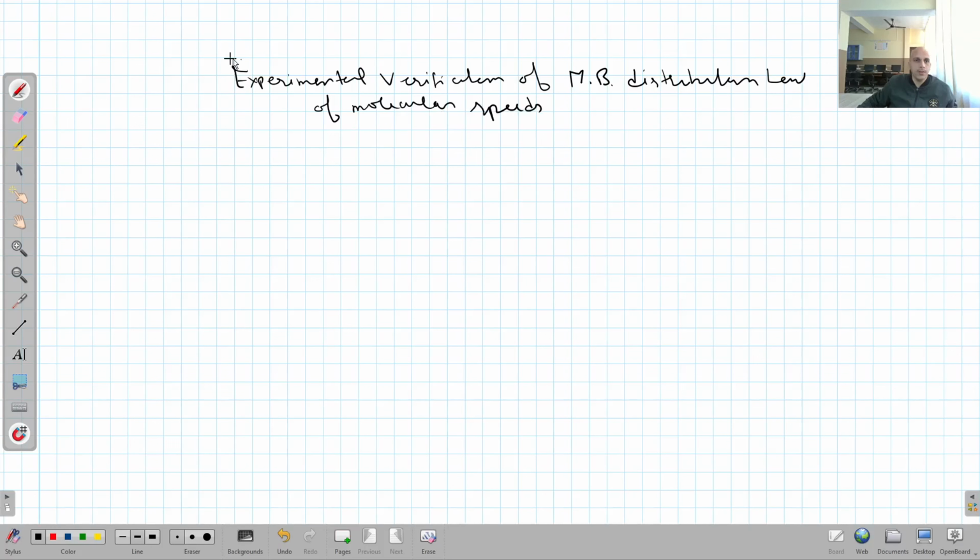Right. So here in this article, we are going to discuss how Maxwell-Boltzmann distribution law of molecular speeds was experimentally verified.